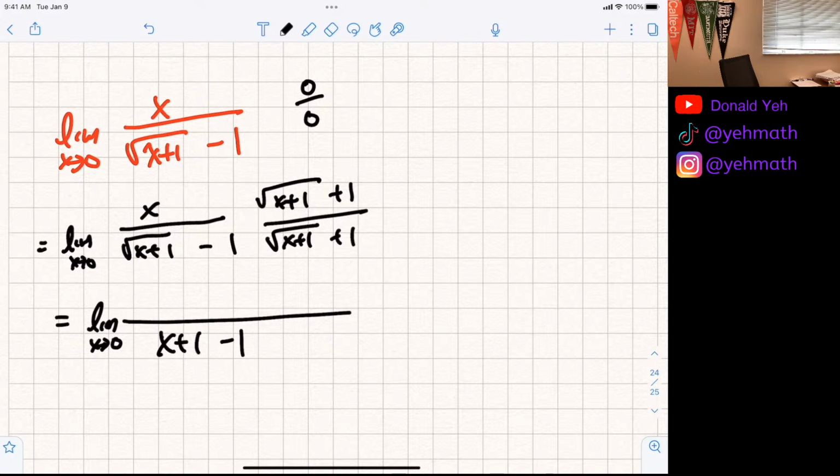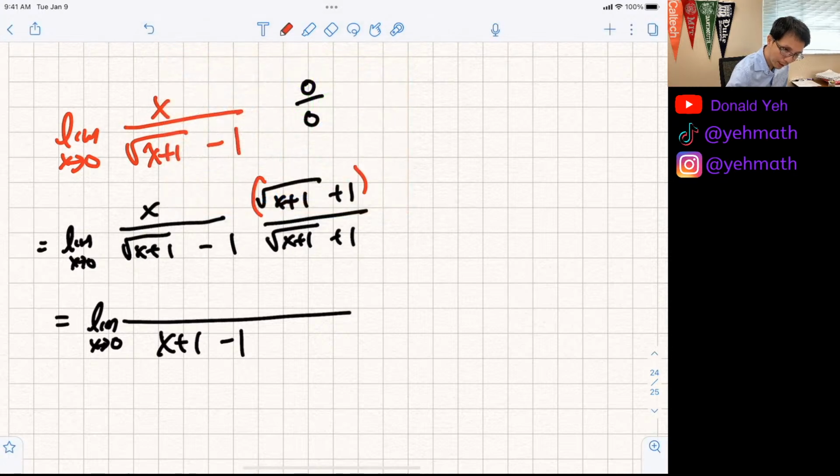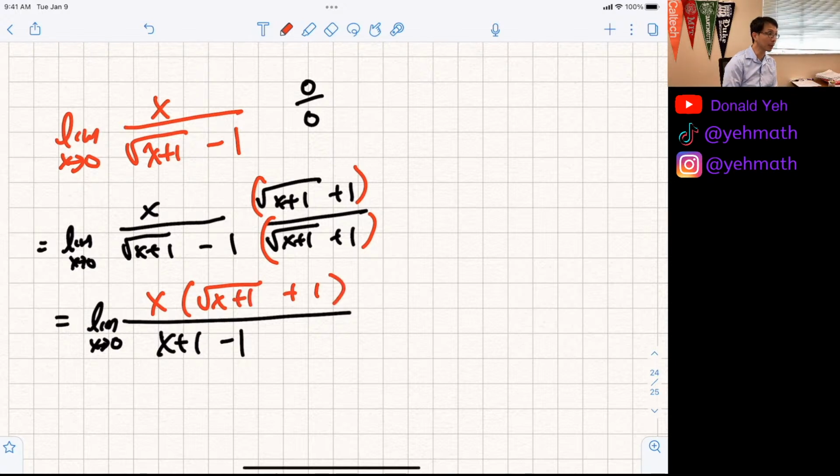The key thing is don't distribute in. The key thing is to cancel out the x. Why? Because I can write it down like this. If I can write it down like this, I can write it down like this. You don't want to distribute in, because distributing actually makes it worse.